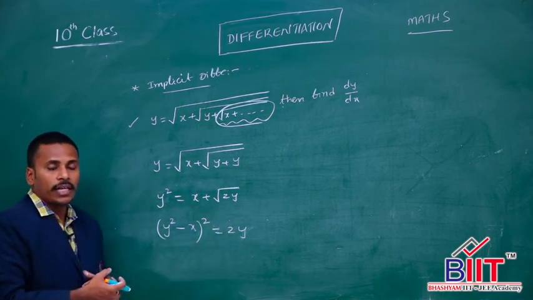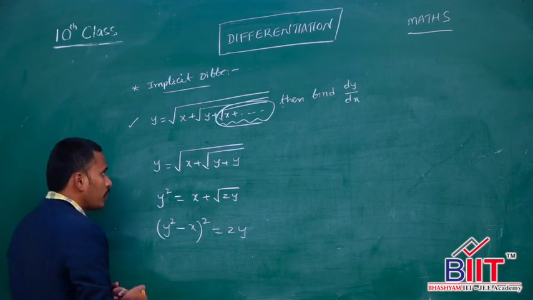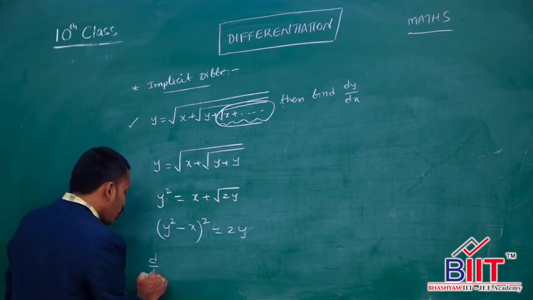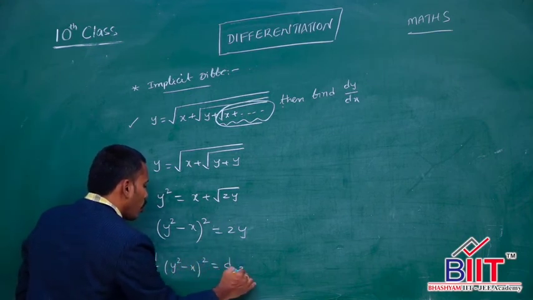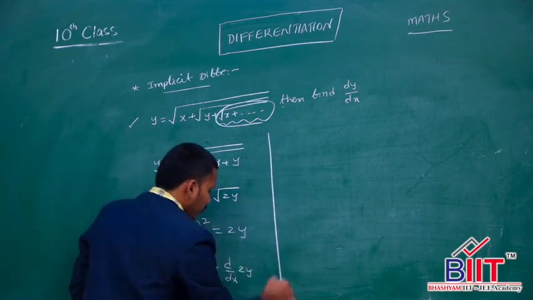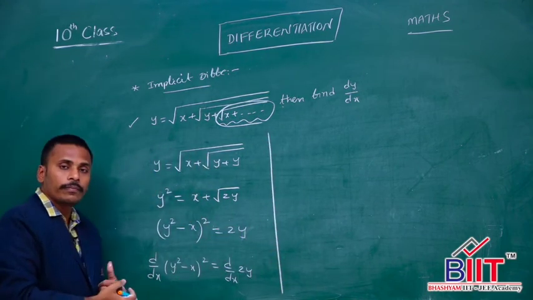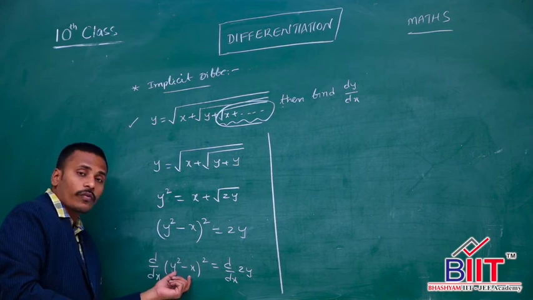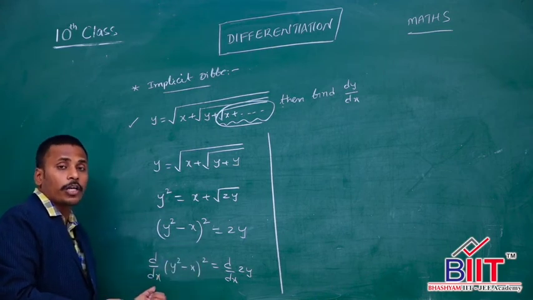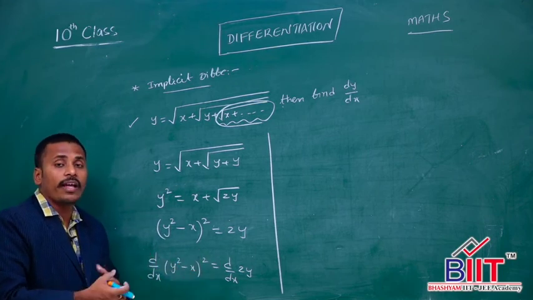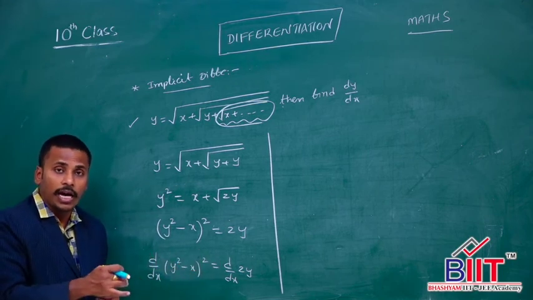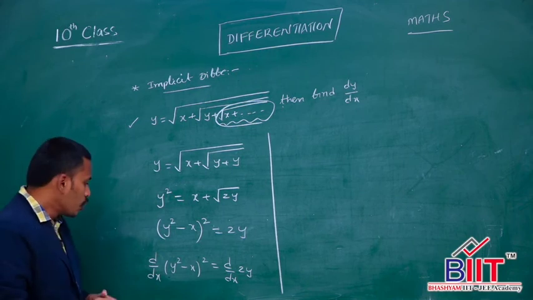Now apply d/dx on both sides to get dy/dx. So d/dx of (y² - x)² = d/dx of 2y. Now on this side, the derivative of (y² - x)² with respect to x: for something squared, the derivative is 2 into something into the derivative of something.